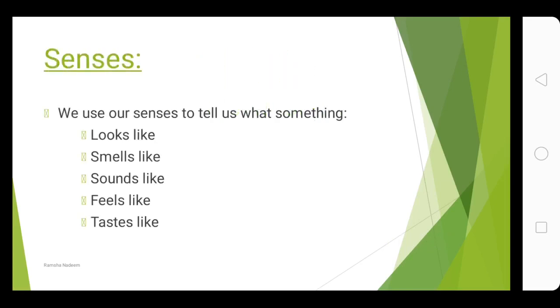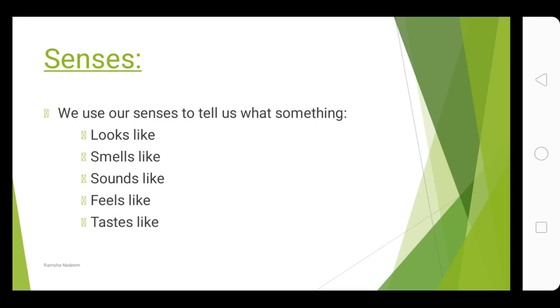Senses. We use our senses to tell us what something looks like, smells like, sounds like, feels like, or tastes like. So, what basically we do with our senses is that we use them to make us aware of our surroundings.